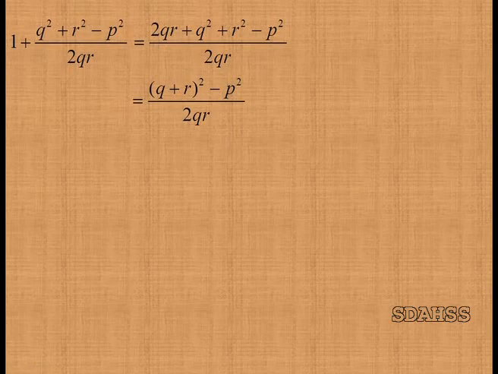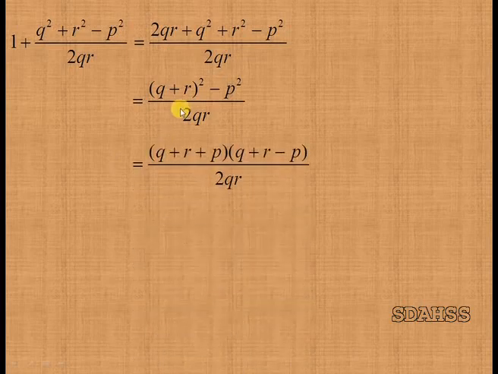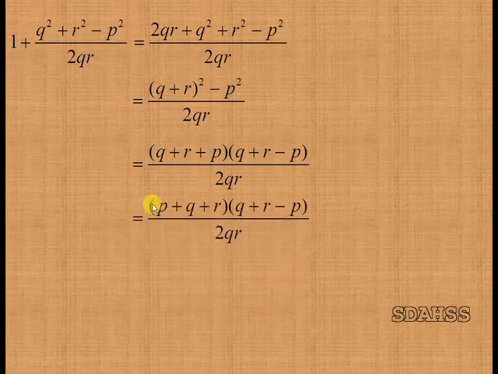So this becomes q plus r plus p into q plus r minus p divided by 2qr. Write it in proper form: p plus q plus r into q plus r minus p divided by 2qr.